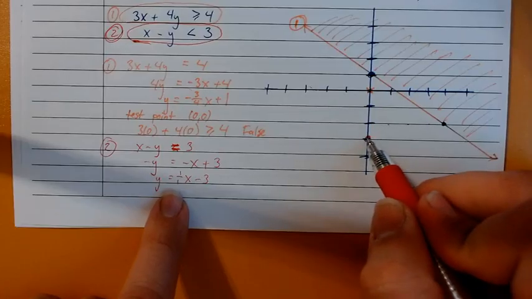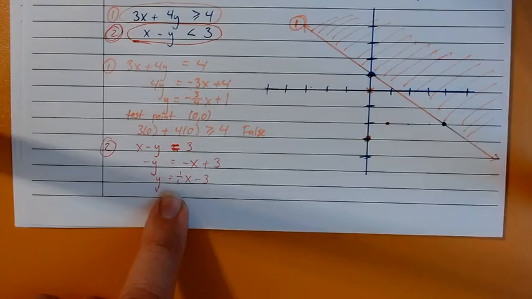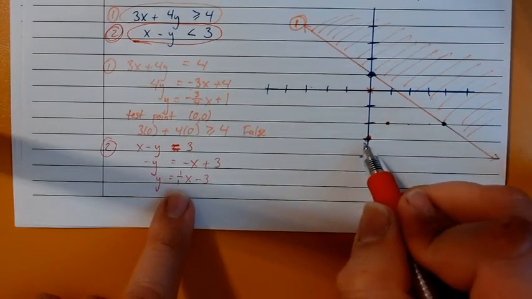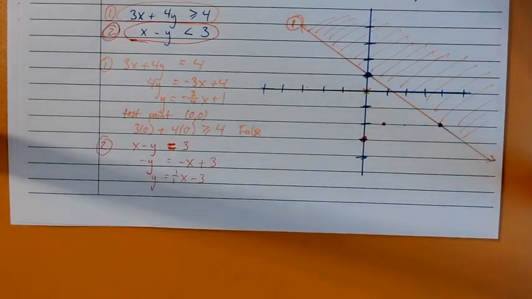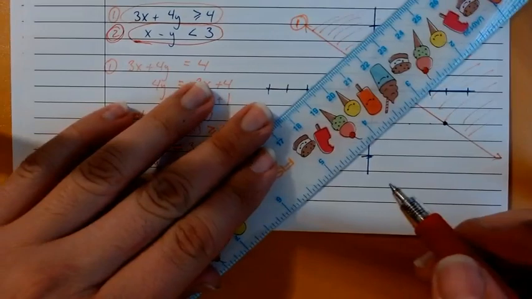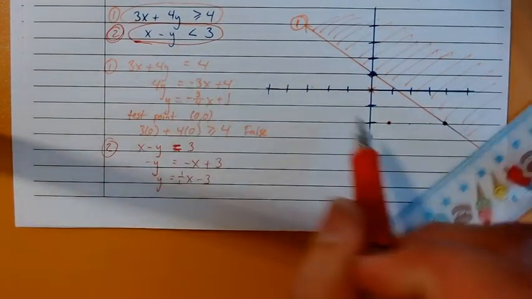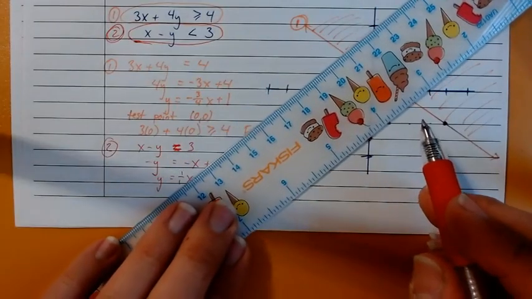So from this point, we go up 1 and to the right by 1. And there we go. We have 2 points. We have our y-intercept, and then from our slope, we can go up 1 and right 1. That gives us another point there. And so we can connect our dots. Remember, again, this is an inequality. It excludes the line, and so we physically represent that with a dotted line.